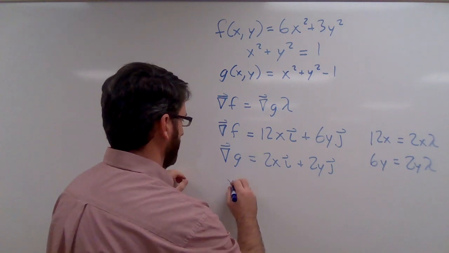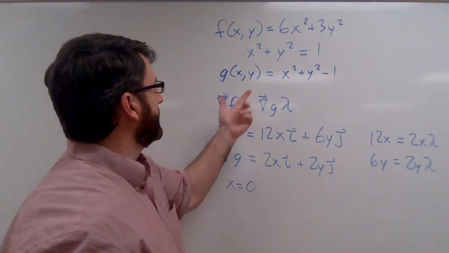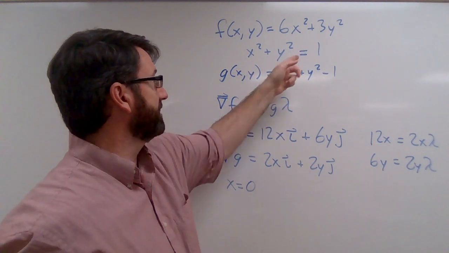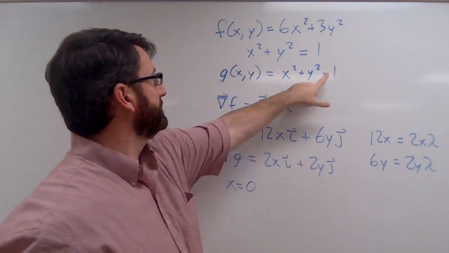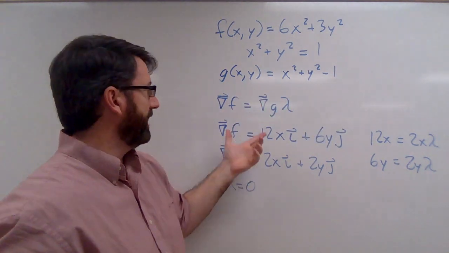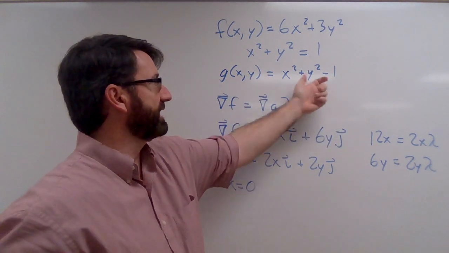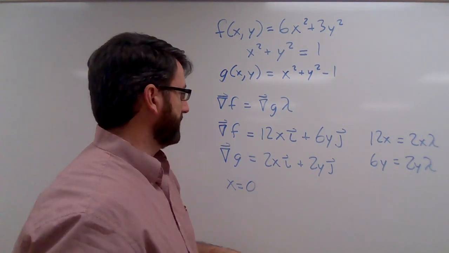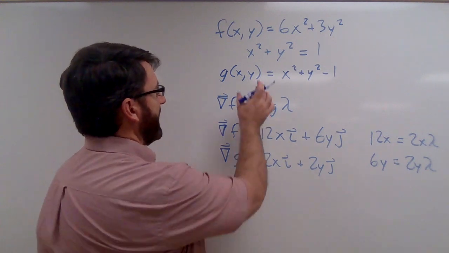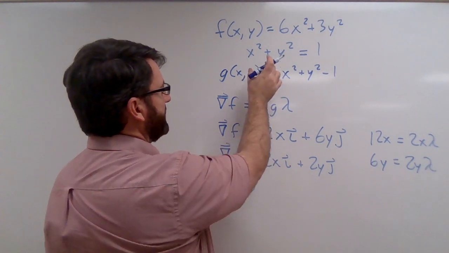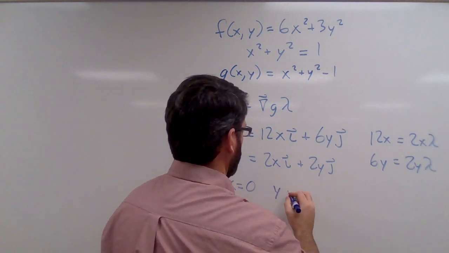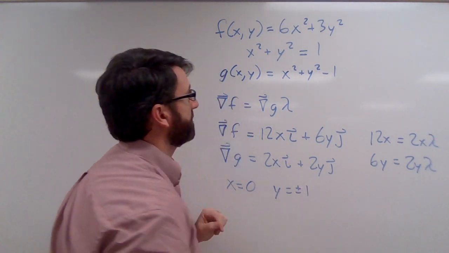So if x is 0, let's go ahead and plug in 0 for x up here. Remember we said that g of x, y has got to be equal to 0. So if we just go back up to this constraint here, if x is 0, then y squared has got to be equal to 1, so y is equal to plus or minus 1.